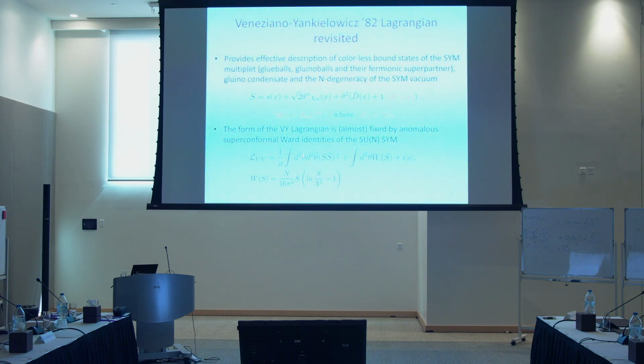And this scalar potential is not fixed by the Ward identities, so one can add higher derivative terms here. But this is the simplest one, and it seems to be the only one which ensures that the Hamiltonian of the system is bounded from below.